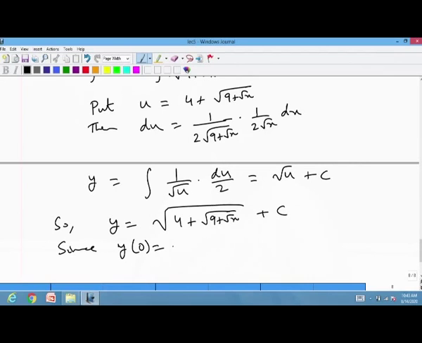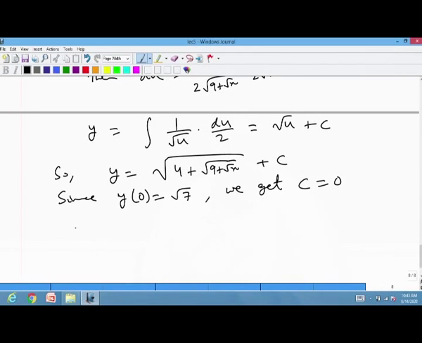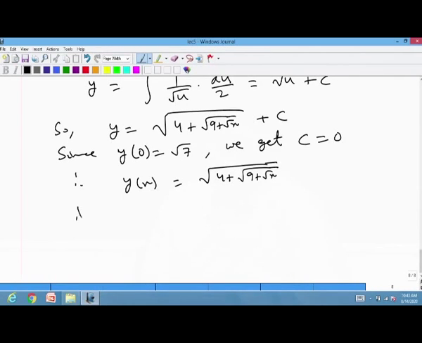Y at 0 equal to root 7, we get c is equal to 0. So, therefore, y at x is equal to square root of 4 plus square root 9 plus root x, and now we can easily calculate y at 256, which will be equal to square root of 4 plus square root 9 plus square root of 256, which will give 16.